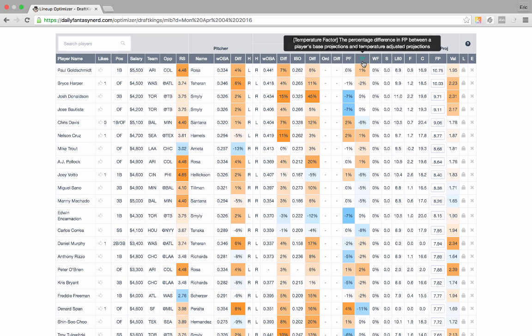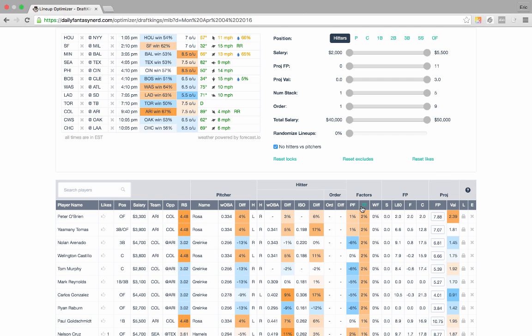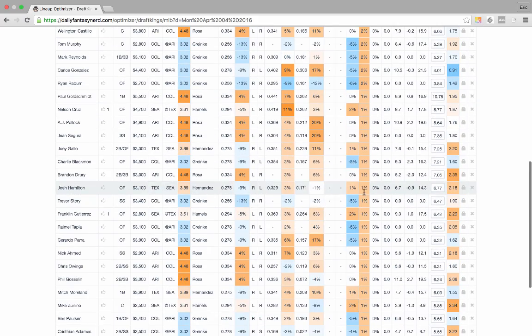Next, we have temperature factor. Temperature factor is what we talked about earlier around the weather, with higher temperatures being more favorable conditions to play in, and cold temperatures being less favorable to hit in. So here you can see, for example, if we sort by temperature factor, Arizona's hot, 89 degrees, so it's pretty favorable.